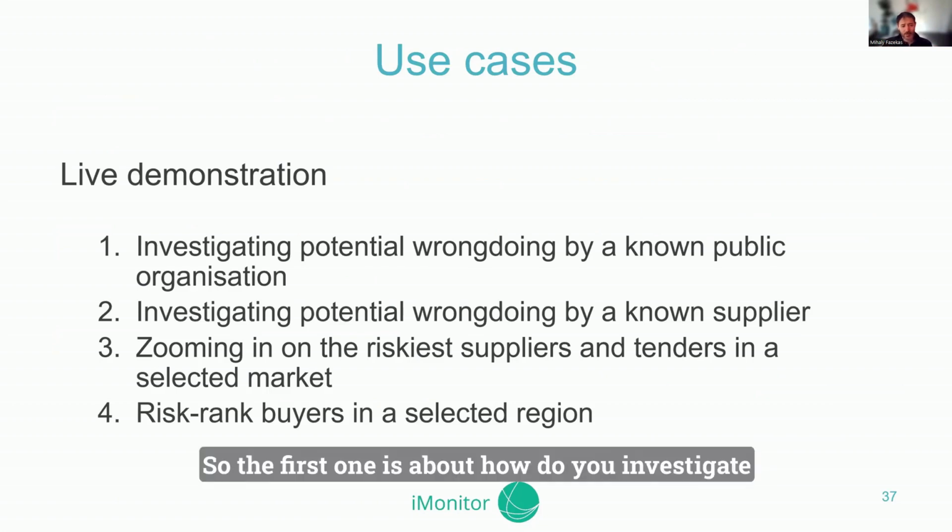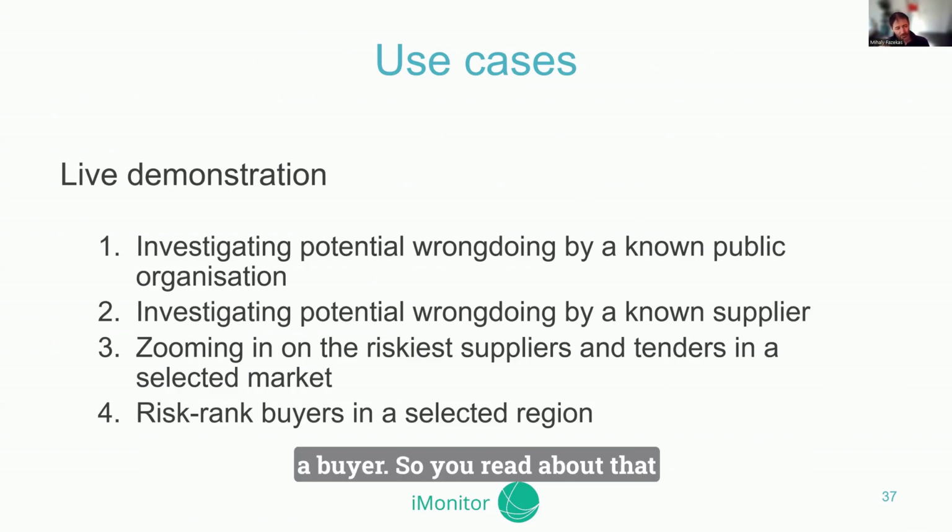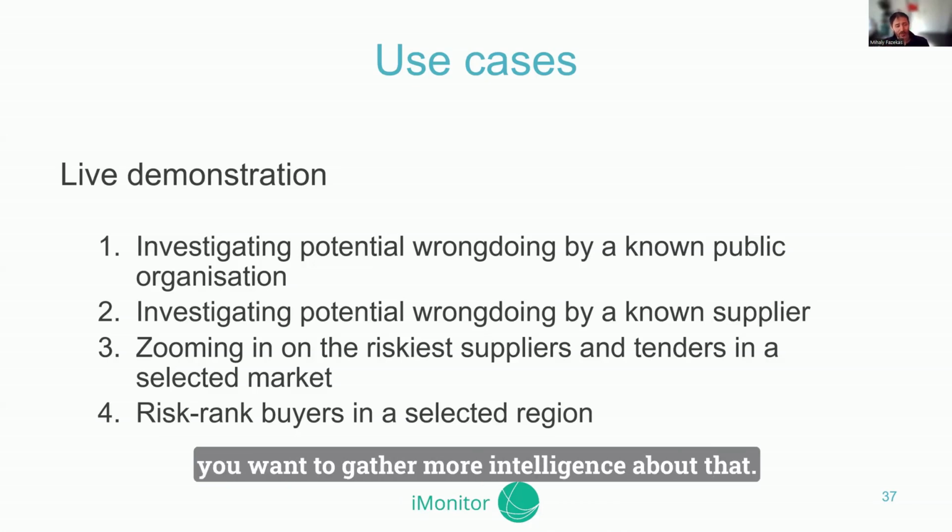The first one is about how you investigate potential wrongdoing of a known public organization, a buyer. So you read that this buyer is potentially doing something inappropriate, say the media reported, and you want to gather more intelligence about that.